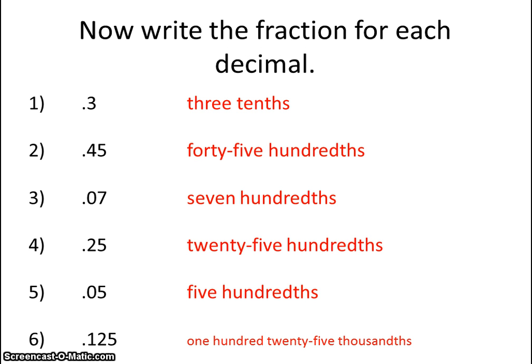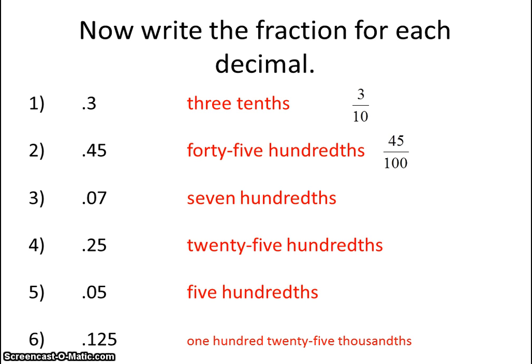Now let's write the fraction for each decimal. Writing the fraction for a decimal is very easy. You read a decimal the same way you would read a fraction. So number 1, 3/10 would be written 3/10. And we read that fraction 3/10. Number 2, we would write 45 over 100, 45 hundredths.